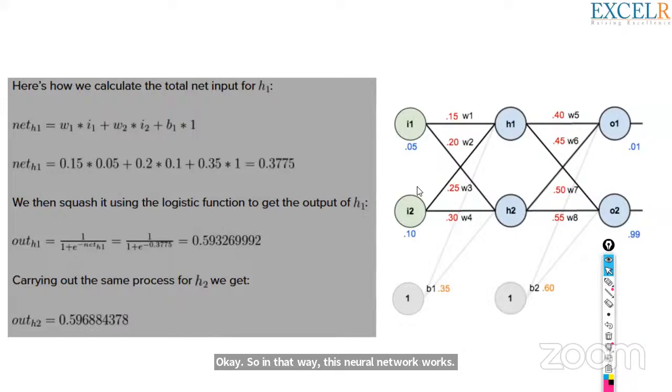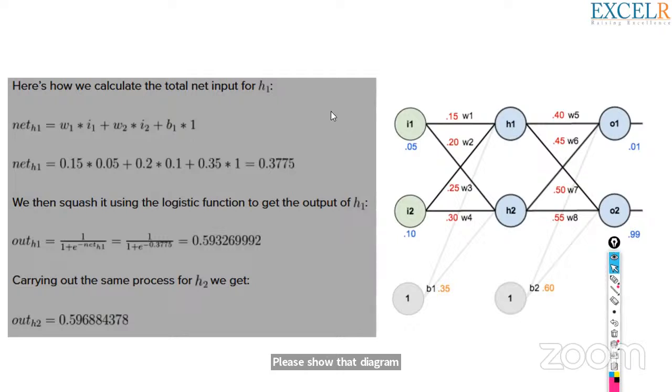Nikhil, we have discussed this part. What is the bias? It is nothing but just a constant value, right? Sumona, which diagram? Internal bias, what does internal bias mean?